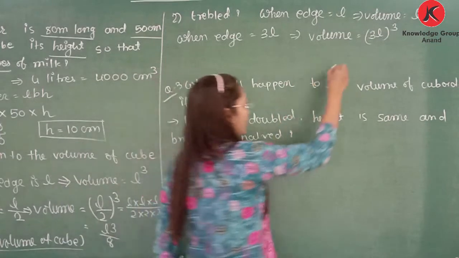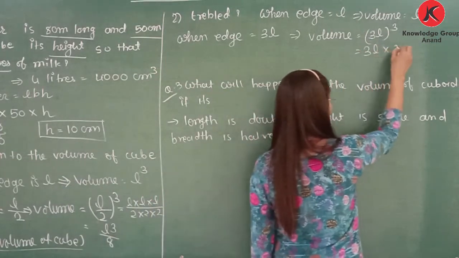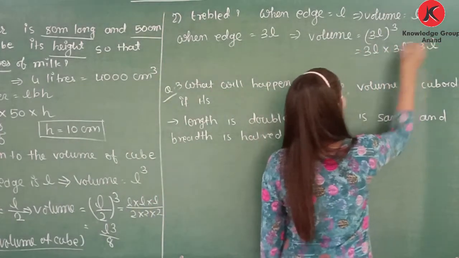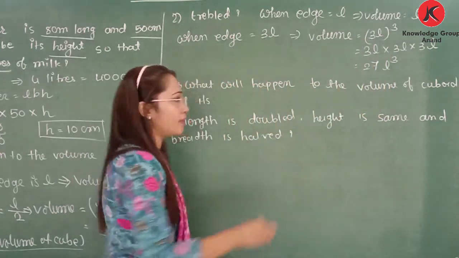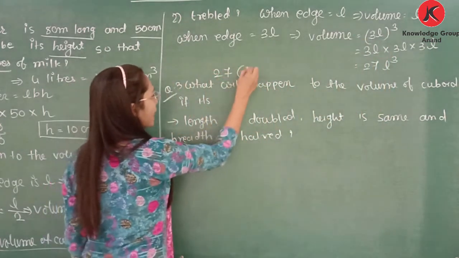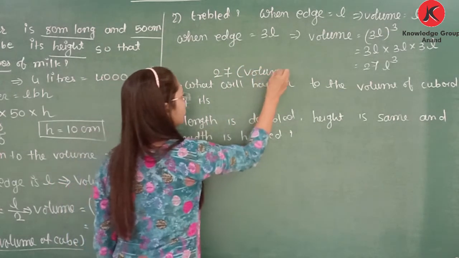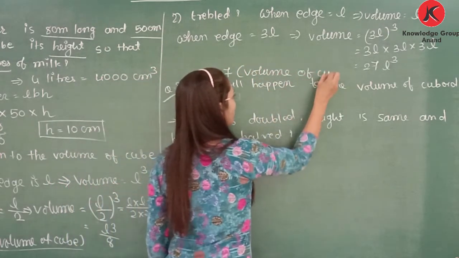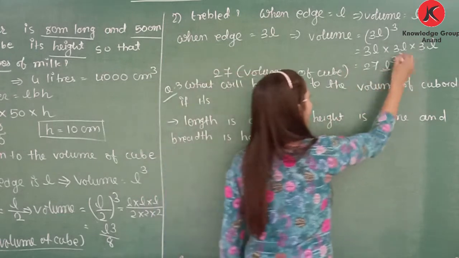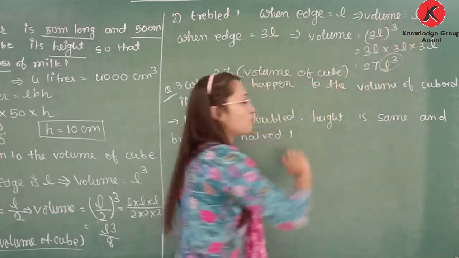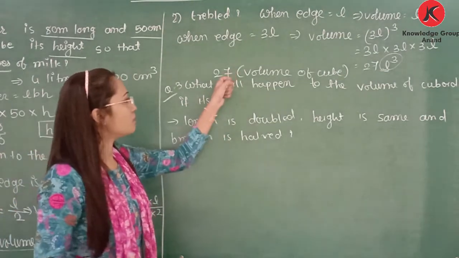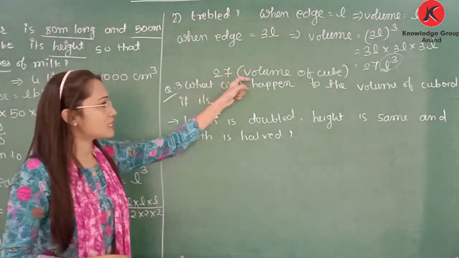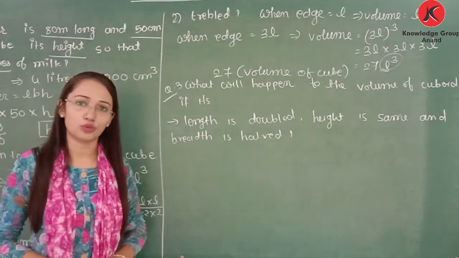Now it means 3L multiplied 3L multiplied 3L, 3 times. So that is 27L cube. So volume becomes 27 times volume of cube. Why? Because L cube means what? It is a volume of cube when edge is L. But if it is 3 times, then its volume becomes 27 times the volume of original cube.